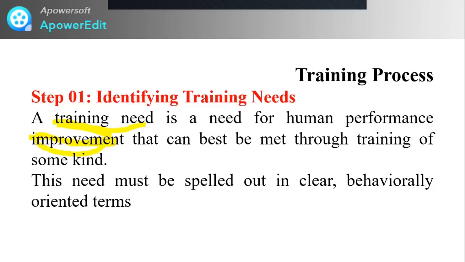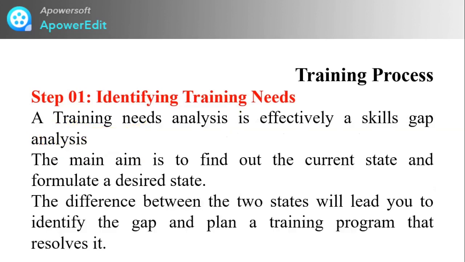Then clearly we have to say 25 units are lacking because the workers are not aware how to operate the machine, how to start the machine, how to stop the machine, how to replace the product. Likewise, clearly behaviorally oriented terms must be used when we find the training needs. The training needs analysis is effectively a skill gap analysis. What are the reasons for the lack of 25 units?